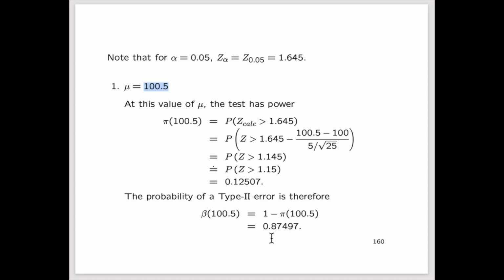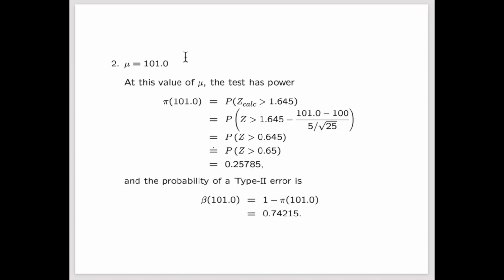Okay, so we see here that when mu is not that far into the alternative hypothesis space, we have very low power and a very high probability of committing a type 2 error. Now let's move into the alternative hypothesis space a little further, so mu is going to be a little further away from 100 in this particular situation.